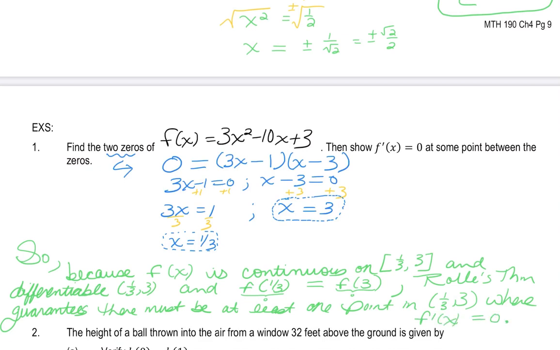That is Rolle's theorem. All right, so those are the two steps of that. We can refer to this as part B. This is actually just, without finding that location where f prime is equal to 0, showing that that location must exist.